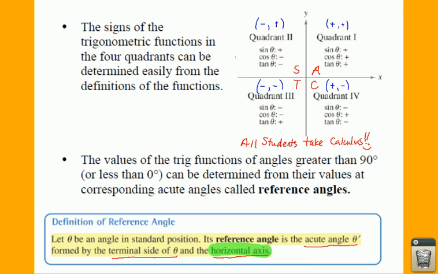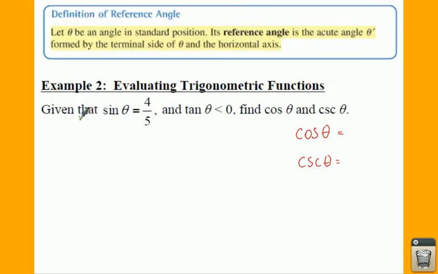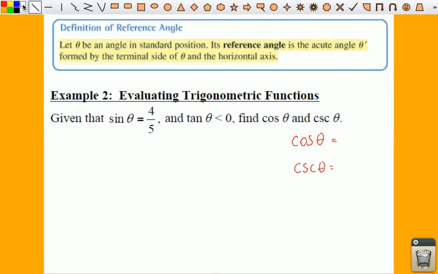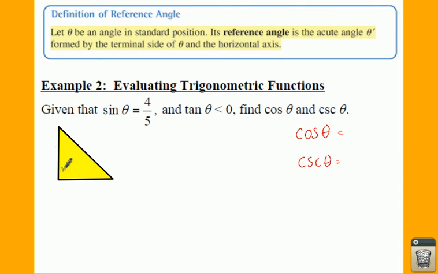All right, so let's draw our triangle in quadrant 2. I'm going to draw a real nice triangle just because I can. So, go over and up, and let's draw in our little right angle there.